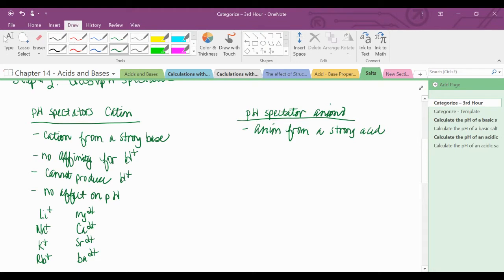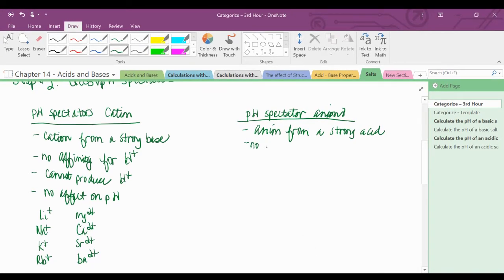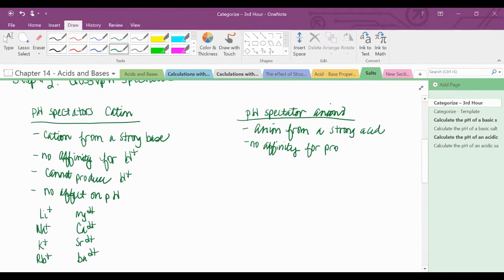And they have no affinity for protons. In other words, they have no affinity for hydrogen ions. And if they don't have any affinity for hydrogen ions, then they have no effect on pH.